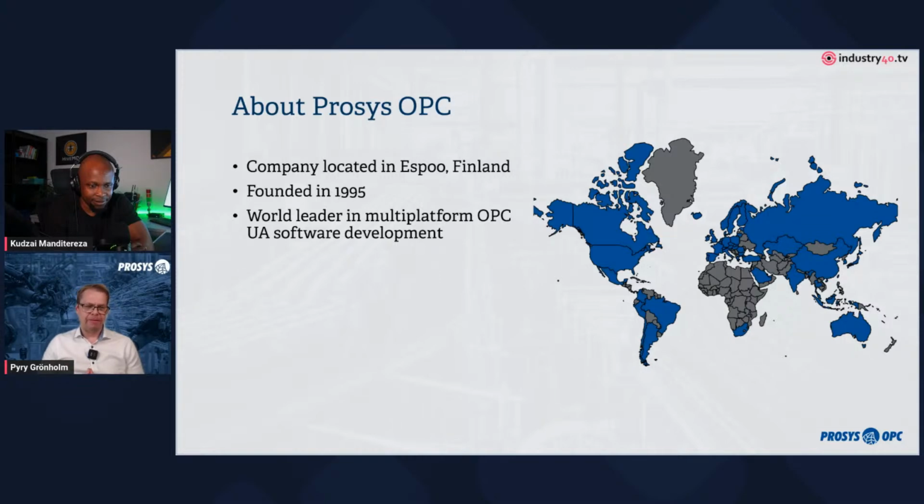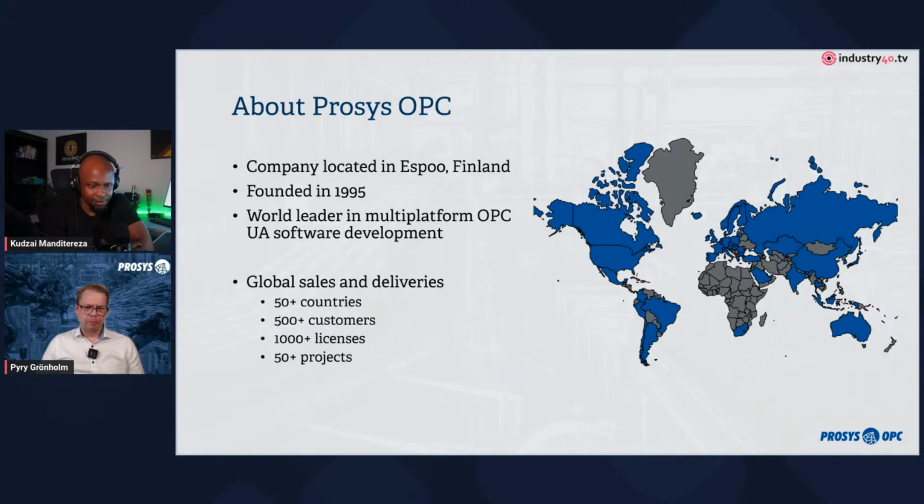We feel that we are a world leader in multi-platform OPC UA software development, meaning that our deliveries are really global. Also, our own technology is based on Java, and Java is multi-platform by nature, so all the products that we do can run on any platform that is running Java.